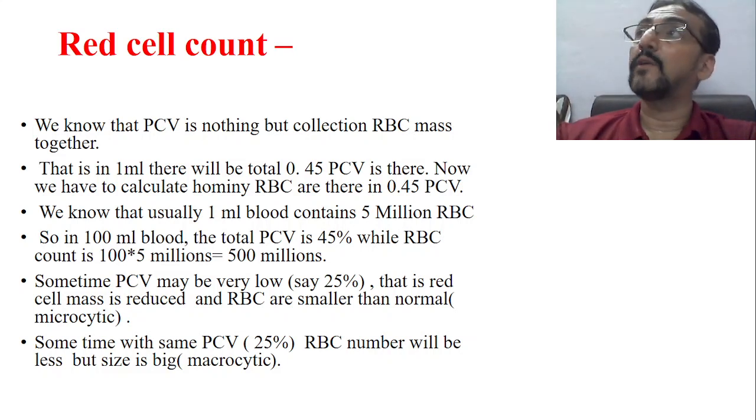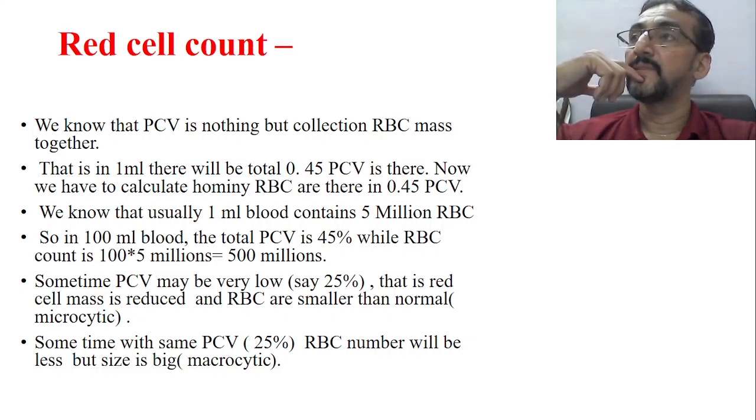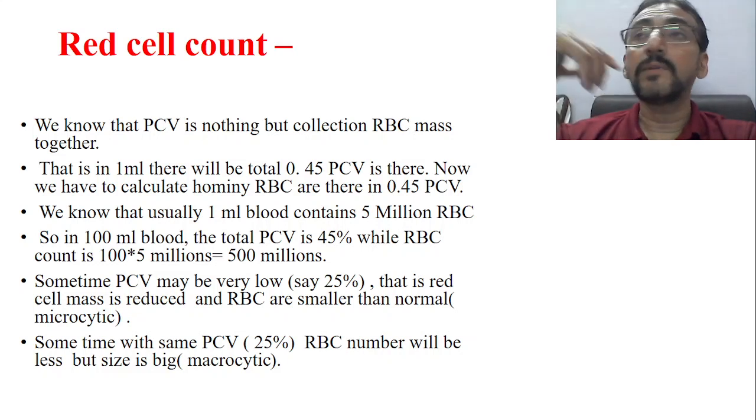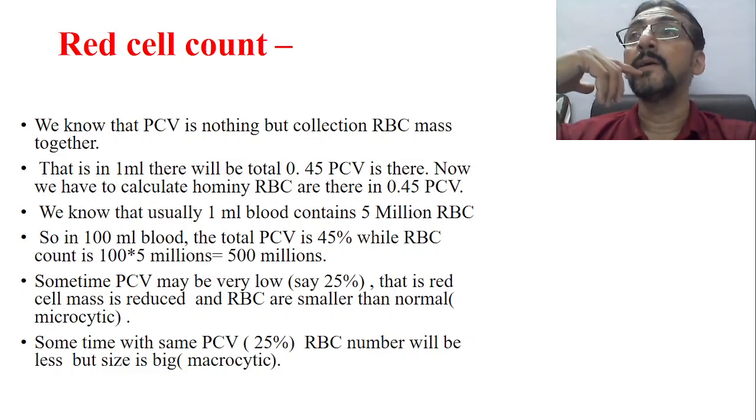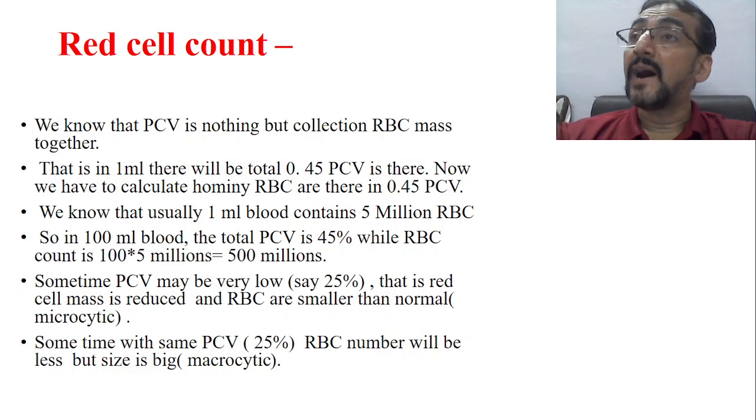Similarly, opposite can also occur. Sometimes PCV is 50% or maybe PCV is 60%. ठीक है, 60% है. अगर 60% है बोल के मैं उसको नॉर्मल या बहुत ज़्यादा नहीं बोल सकता हूँ. The reason is the RBC which is present in that patient is macrocytic. RBC का साइज बहुत ज़्यादा है. So now what happens?